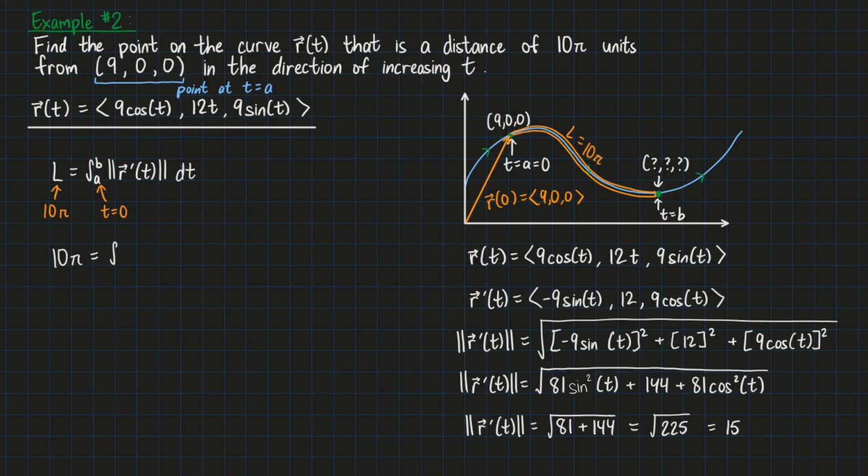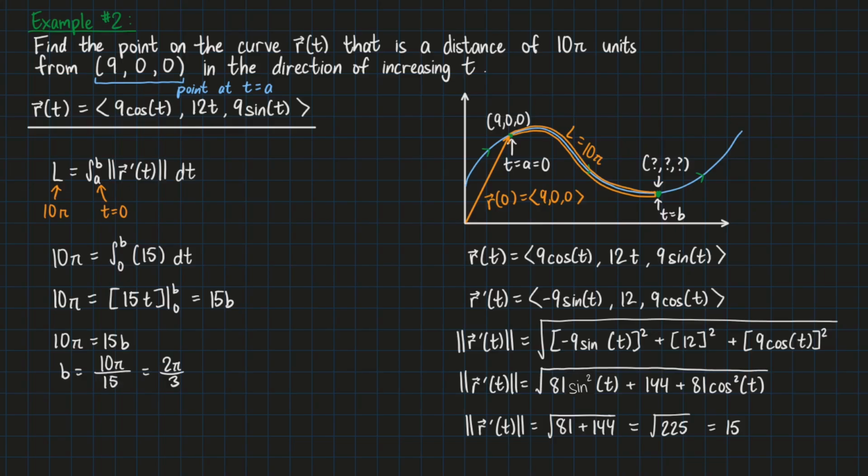This equals the integral from t equals 0 to t equals b of 15 dt. So now we can solve for b. The integral of 15 with respect to t is 15 times t, and we evaluate this from 0 to b. So we have 15b minus 0. And then if we isolate b, we'll find that b equals 2 pi over 3.